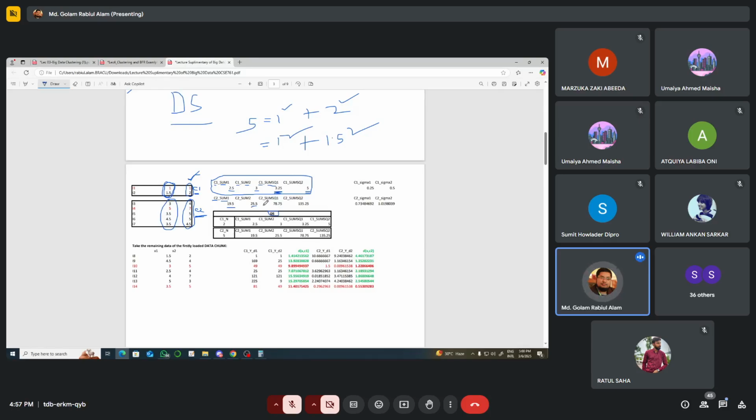Similarly, we have to find the sum of the squared elements. So it is 3 square plus 5 square plus 3.5 square, 4.5 square, then 3.5 square.